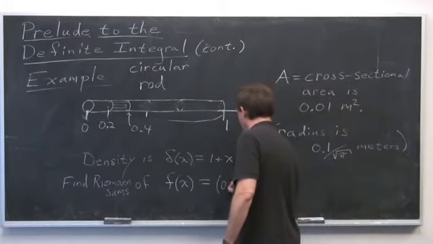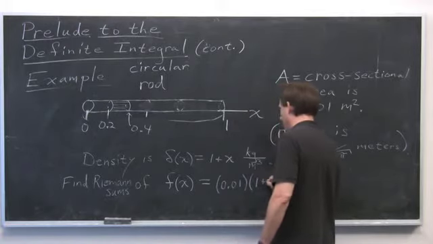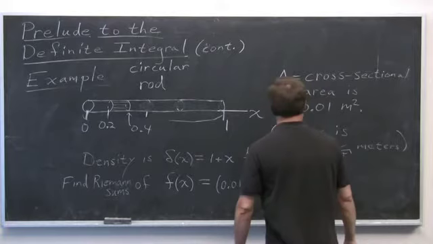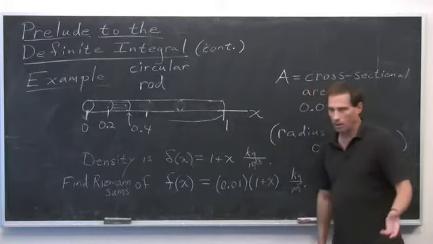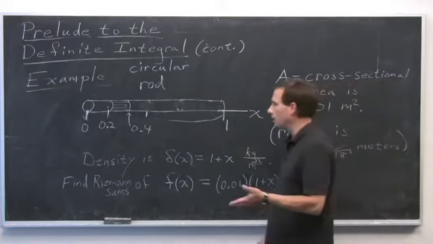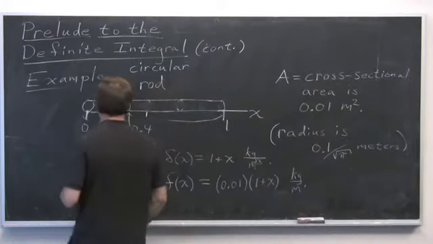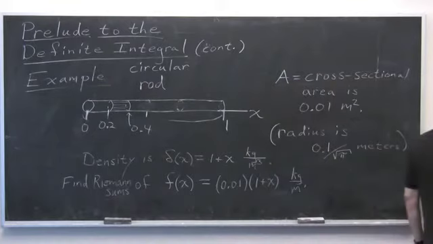So 0.01, the cross-sectional area, times the density. This would come out in kilograms per meter. And then we'll multiply this by the change in x, so meters, and get kilograms, an approximation of the mass. So this is the function we're going to find Riemann sums of.